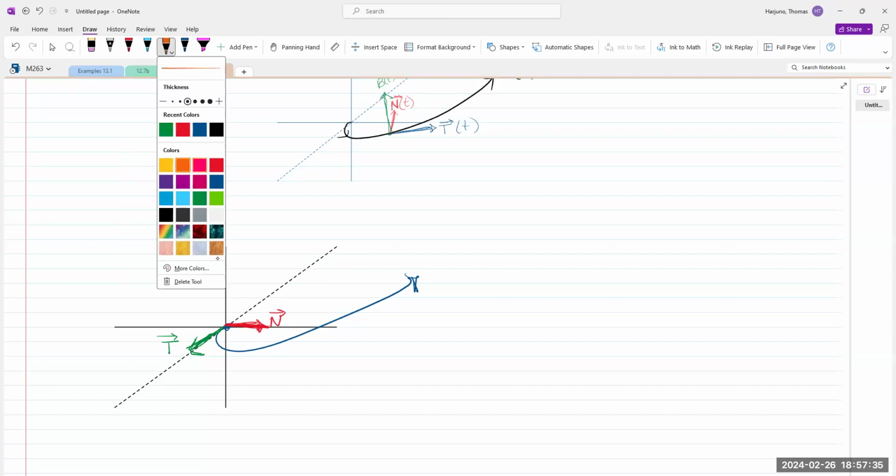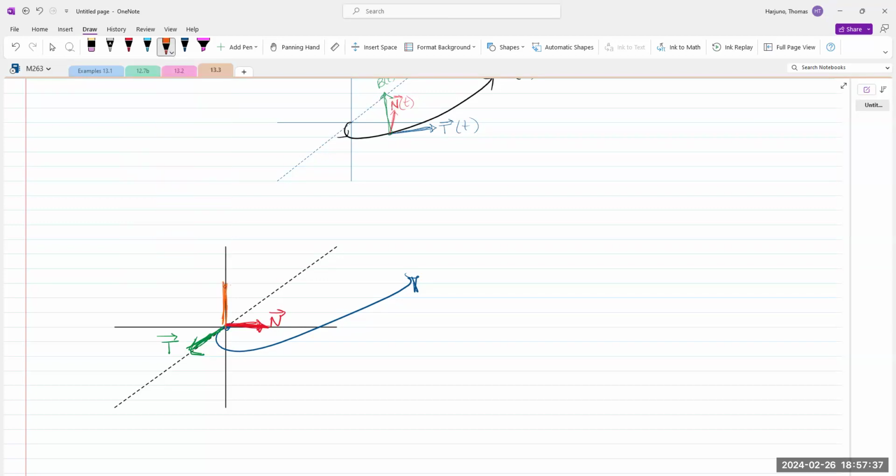Let me use orange. The binormal will be T cross N. Okay. Now, some definitions.